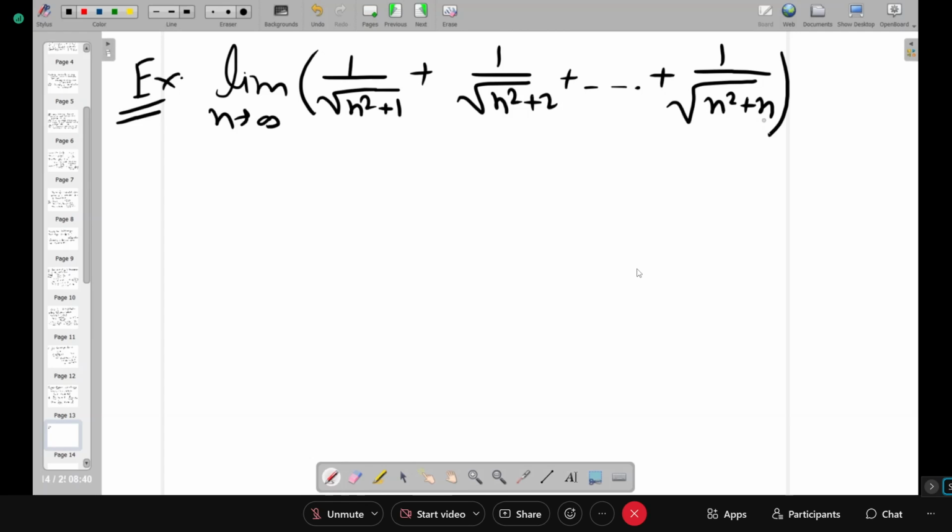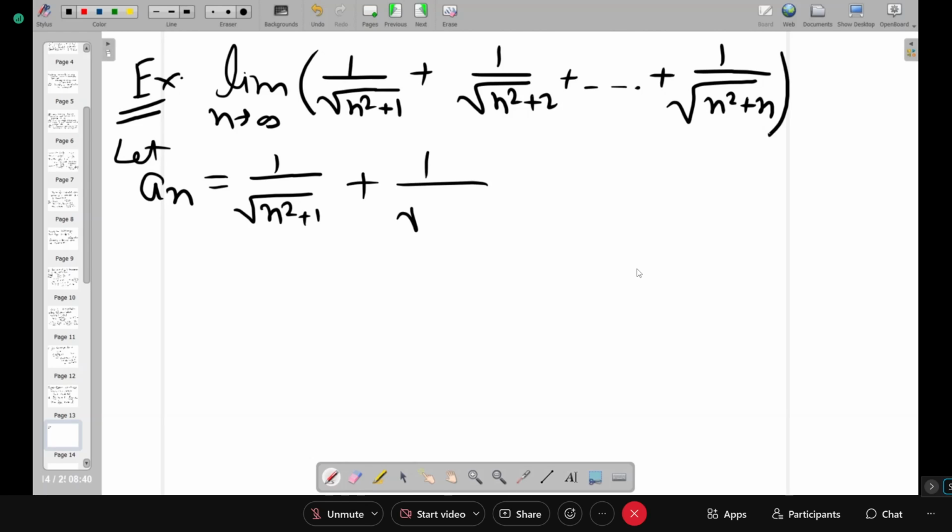So, we can apply the Squeeze theorem here. The sequence is 1 upon n square plus 1 plus 1 upon n square plus 2, up to 1 upon n square plus n.